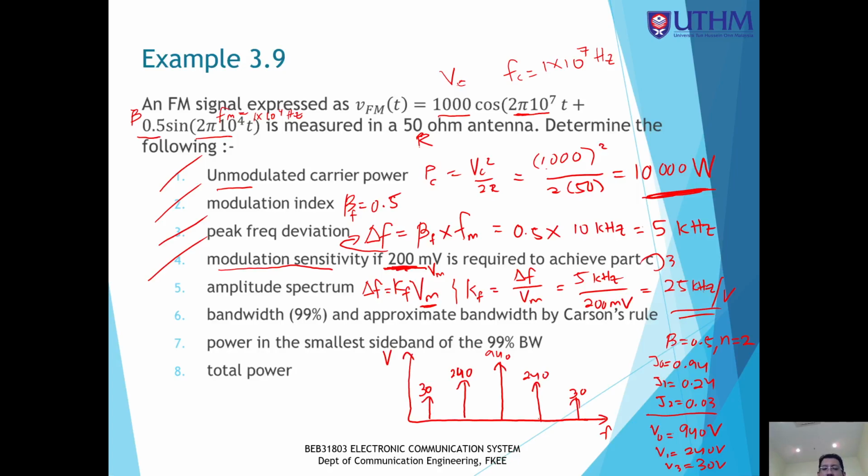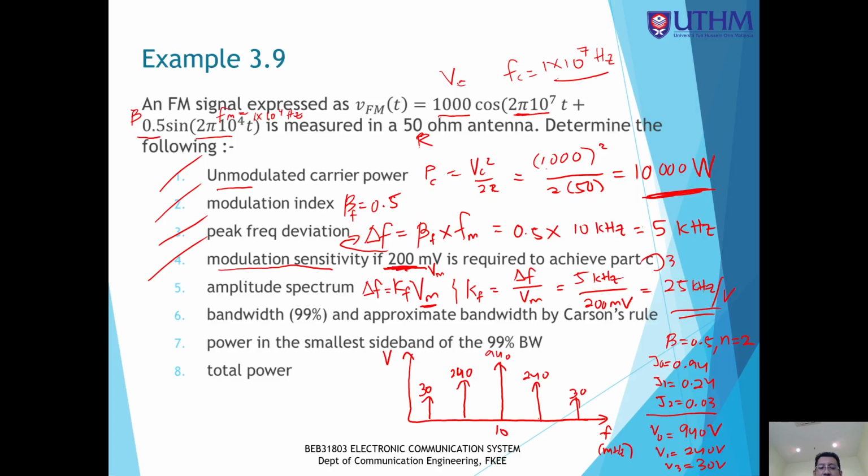Remember that we also need to find the frequency. For example, here F is in terms of megahertz. So here is 10 mega for the carrier frequency. 1 times 10 power of 7 is actually equal to 10 mega.